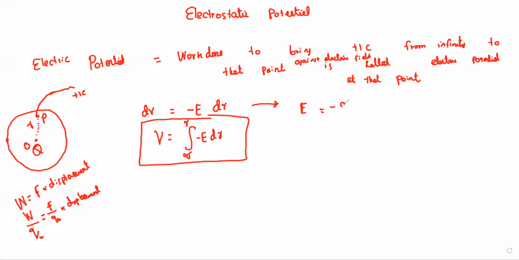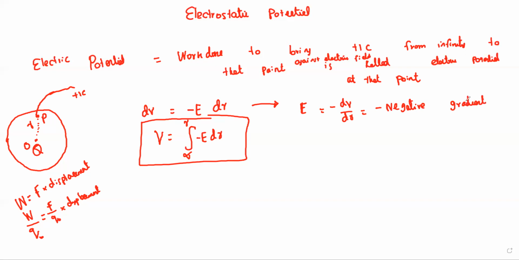E is equal to minus dV by dr. That is the rate of change, or negative gradient. dV by dr is the rate of change of potential with respect to r. That is also known as gradient.